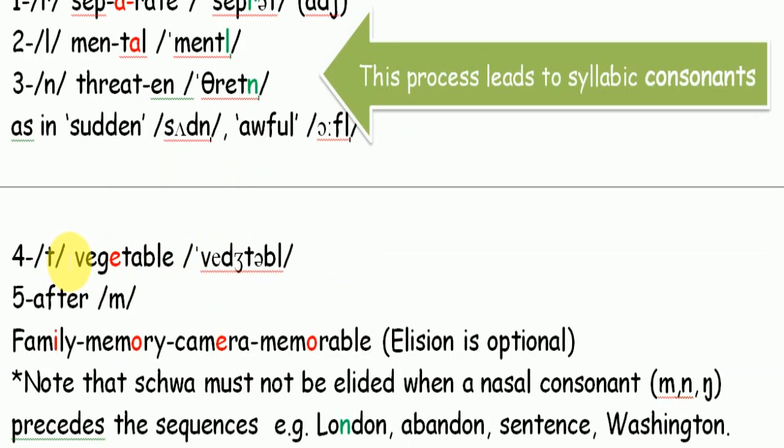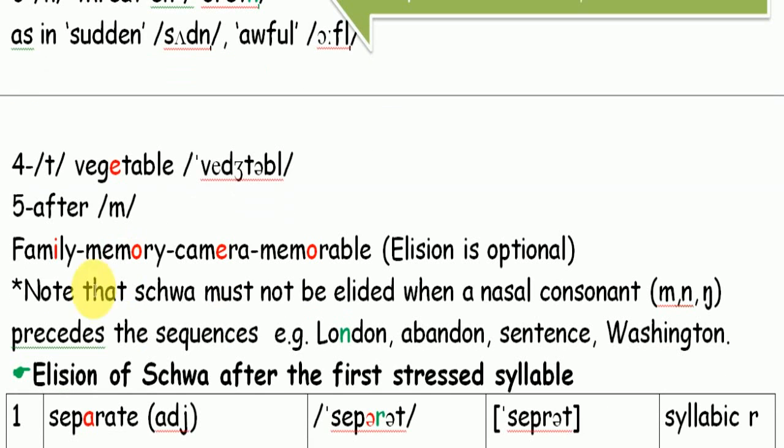Also, when the unstressed vowel is followed by t, so vegetable, instead of saying vegetable, vegetable. Also after m, so family or family, both are right because elision is optional.